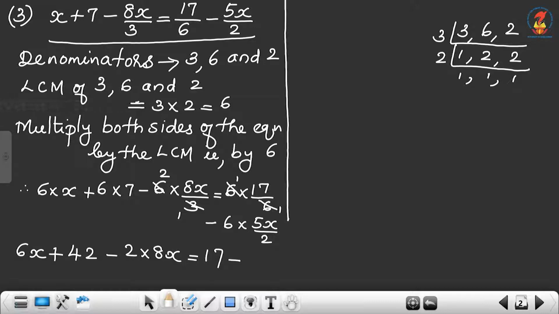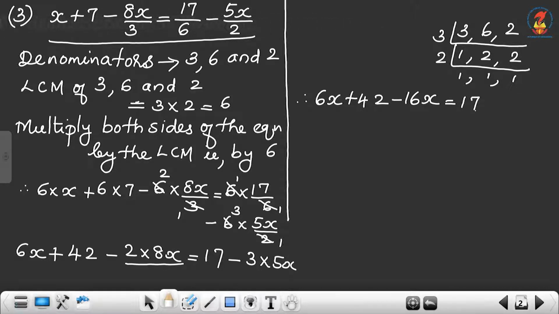Minus: we can cancel 6 and 2 using 2, 1 time, 3 times, that is 3 into 5x. Therefore, 6x plus 42, minus 16x, equals 17 minus 3 into 5x, that is 15x.